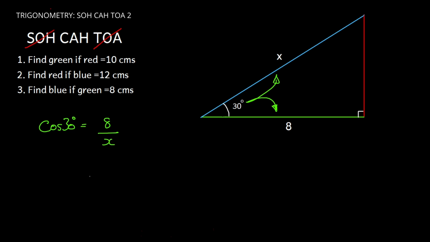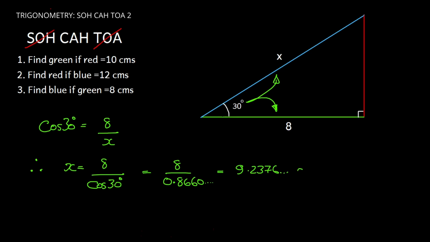which is x. If I multiply both sides by x and divide both sides by cos 30, I get that x is equal to 8 divided by cos 30 degrees. Cos 30 on a calculator is 0.8660... And 8 divided by 0.8660 is equal to 9.2376 centimeters.